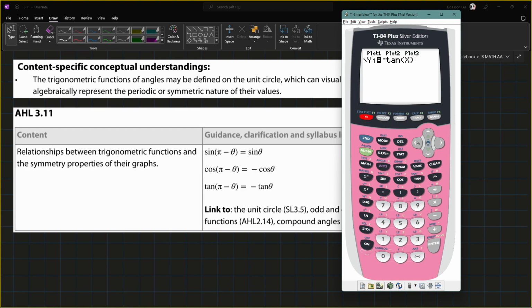And let's try the same for sine x and cosine x. Negative sine x and sine of negative x. Because the two graphs are the same, we can conclude that sine is also an odd function. Let's do the cosine.